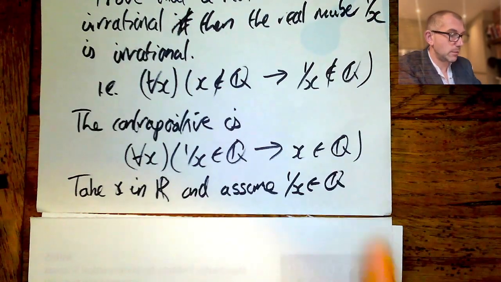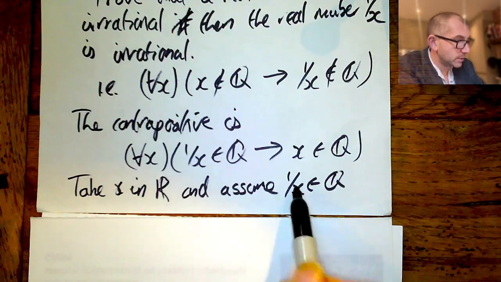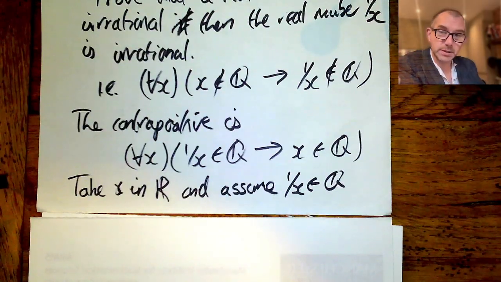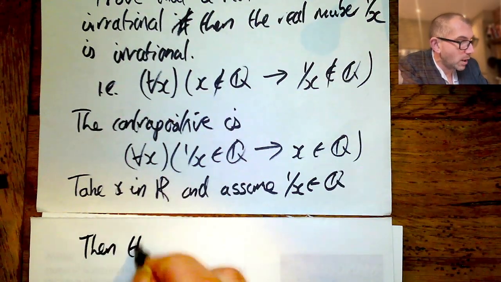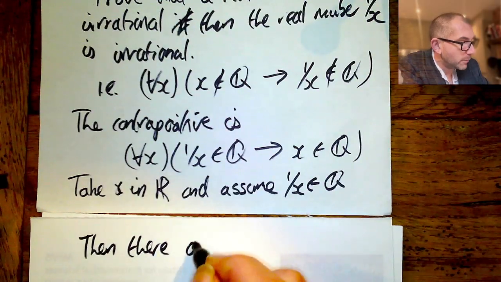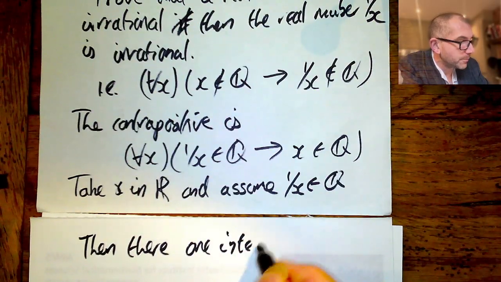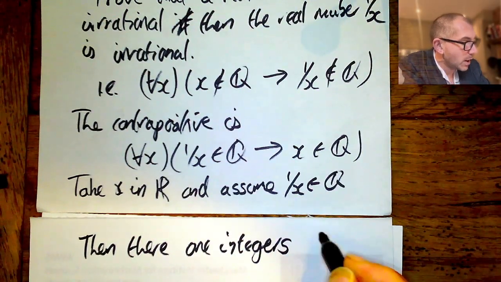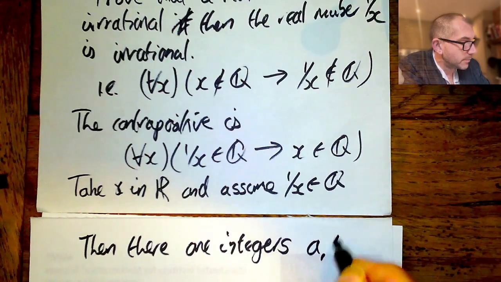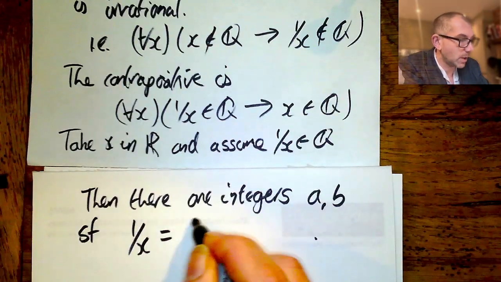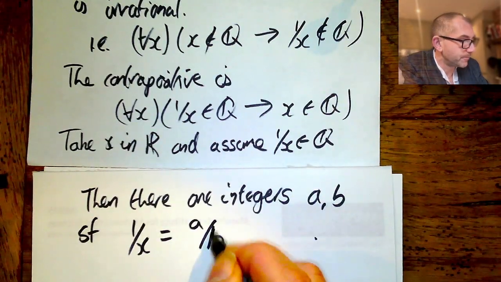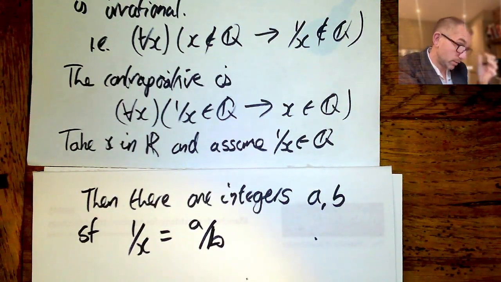That means that there exist two integers, one over the other, and 1 over x is expressed as that. Then there are integers a and b such that 1 over x is equal to a over b.